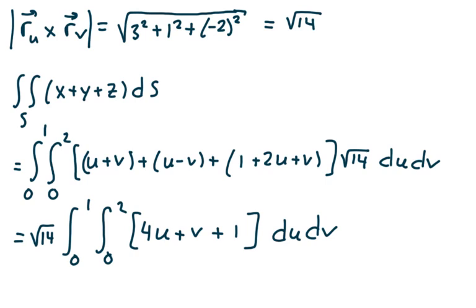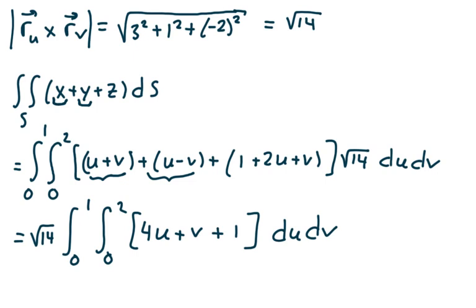Now I'm ready to make my substitution. So the double integral over S of x plus y plus z dS is equal to the following. Now, this is all substitution all the time. Remember, x is equal to u plus v. Okay, so again, this is a double integral, right? y is u minus v.